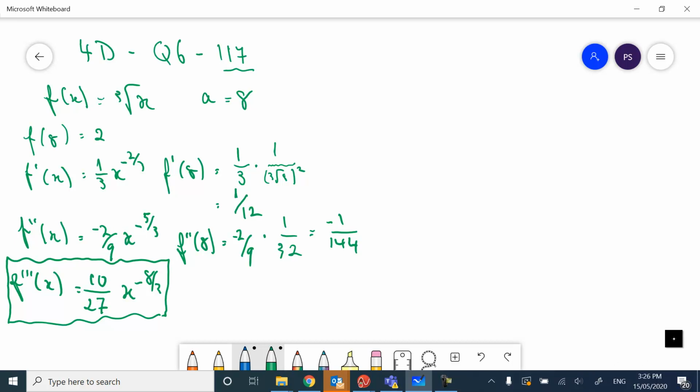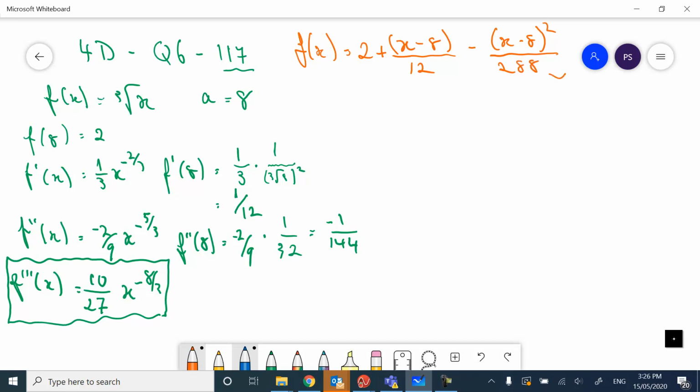So they want a Taylor polynomial, which we can knock up pretty easily. So f of x will equal, first term is 2, plus the next one is 1 on 12 times x minus 8, and then the next one is minus 144, but it's on 2 factorial, so that's going to be x minus 8 all squared on 288.